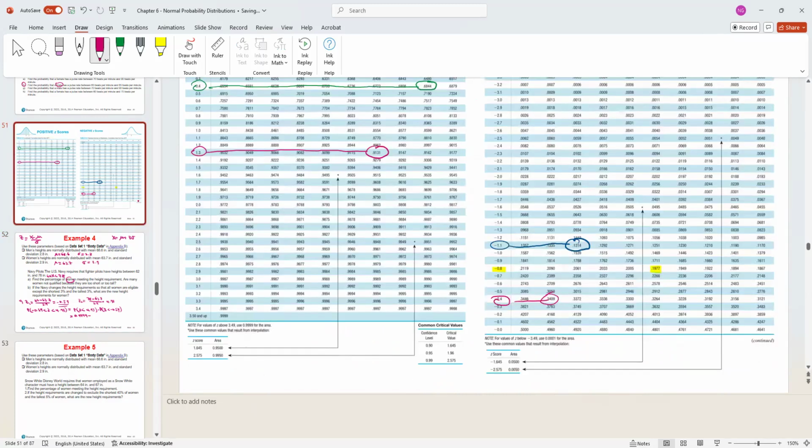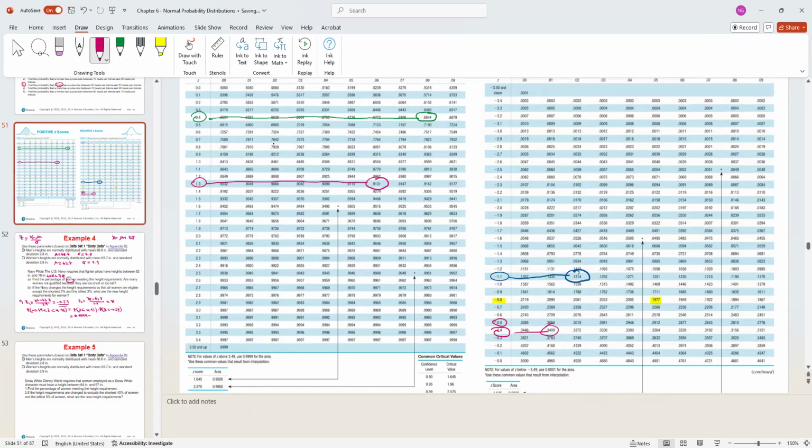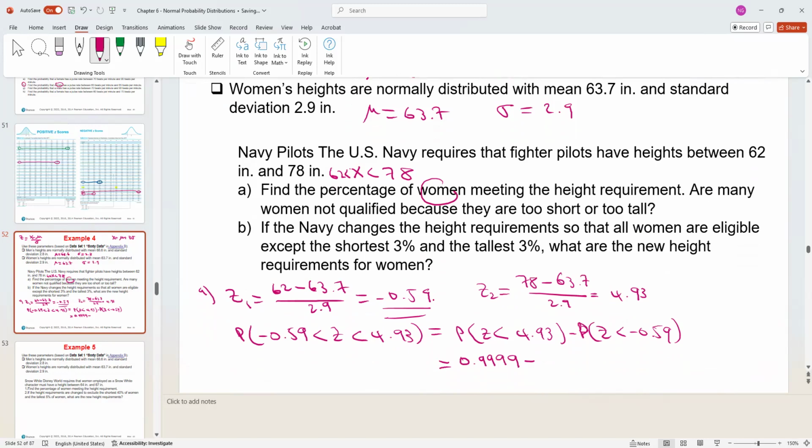Let's go for negative 0.59. Where is it? On the last one. 0.2776. If you subtract these two numbers, it gives you 0.7223.